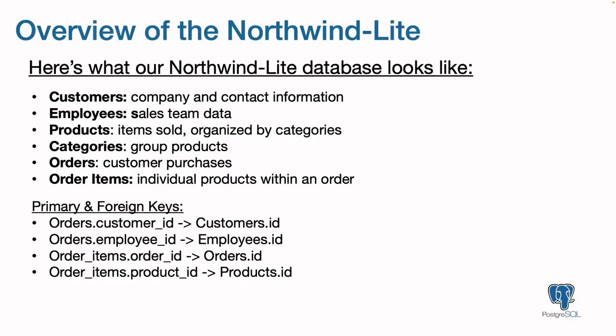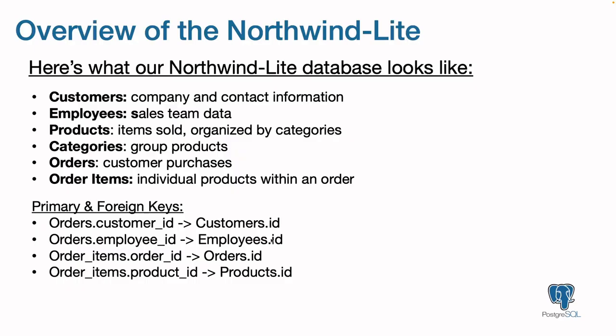And each product belongs to a category, which lets us group and analyze products at a higher level. Orders tracks each customer purchase, capturing when an order happened and who handled it. And finally, order items is the junction table that connects orders and products, breaking each order down into individual line items: what was sold, in what quantity, and at what price.